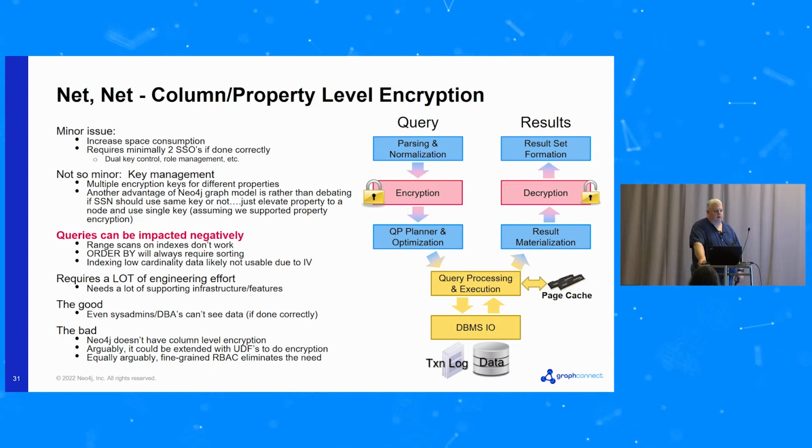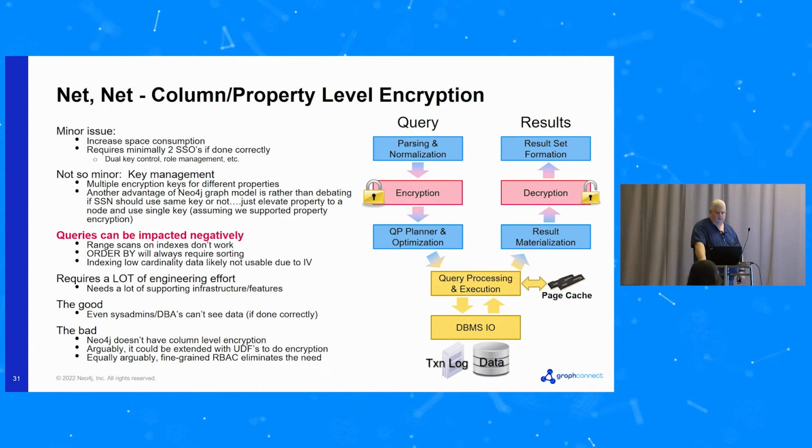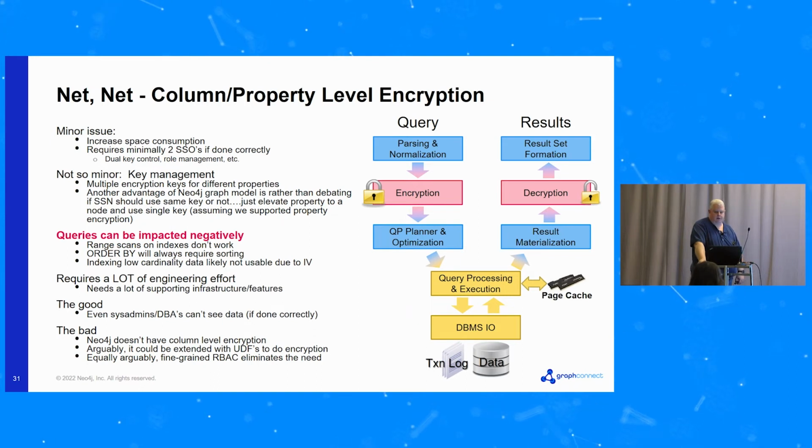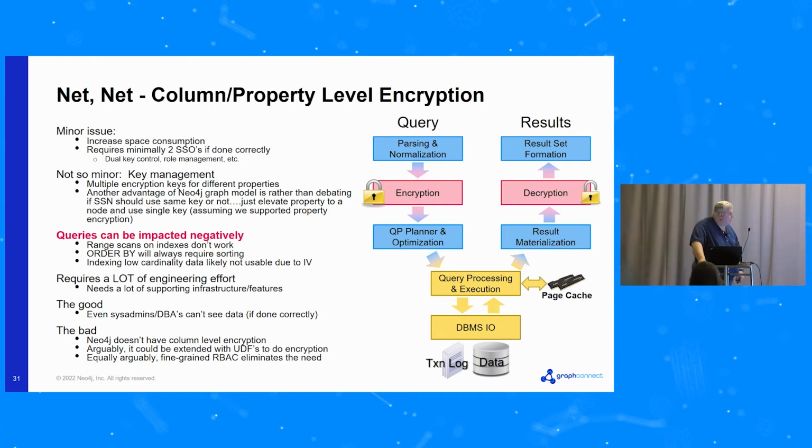Can't do that anymore. We have to actually get the values back and then do the sorting. Indexing low cardinality data, now you can't use any sort of indexing at all. Now, low cardinality data in Neo4j, we can cheat. You just make it a label, and plus it becomes an index.